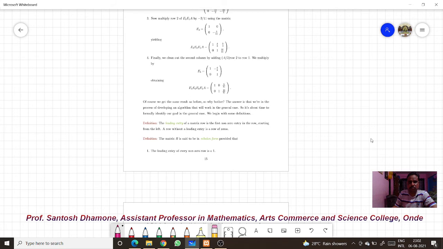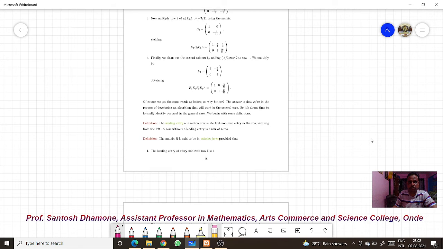The reduced echelon form of a matrix is also called the Gauss-Jordan form. This definition says that the matrix R is in reduced echelon form if, A, R is in echelon form.